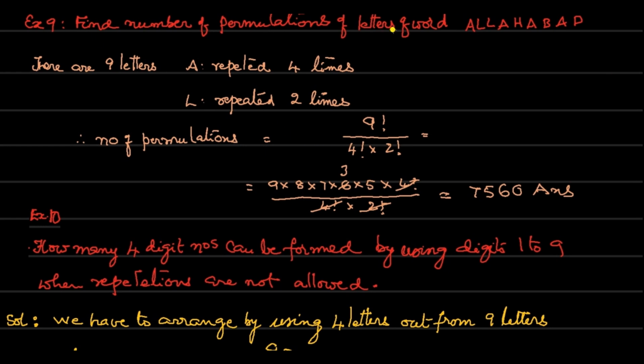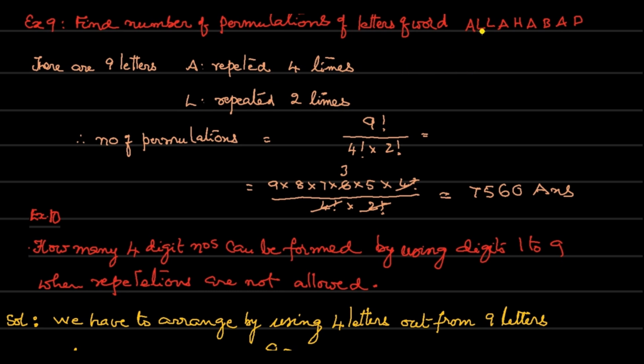Find the number of permutations of the letters of the word ALLAHABAD. There are 9 letters here. A is repeated 4 times: 1, 2, 3, 4. 4 A's are there.